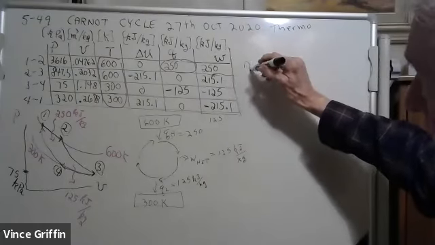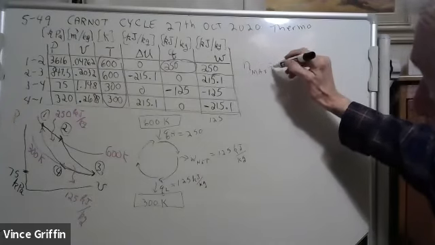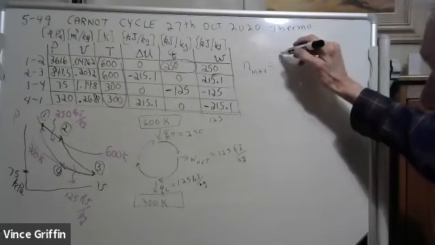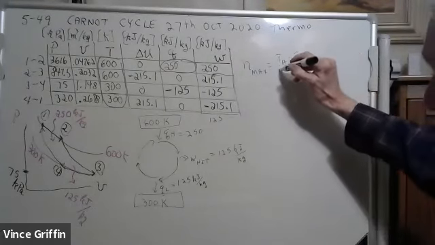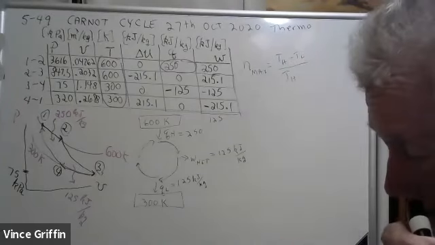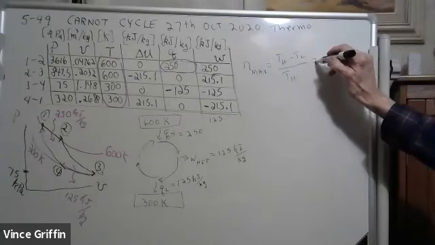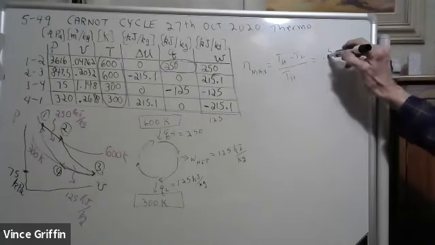What I did was I went the efficiency, the maximum efficiency is equal to TH minus TL over TH. There's an equation in your book like that. And if that's 600 minus 300 over 600, you get 0.5.